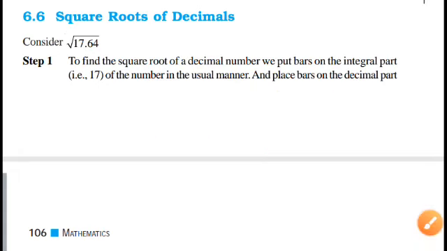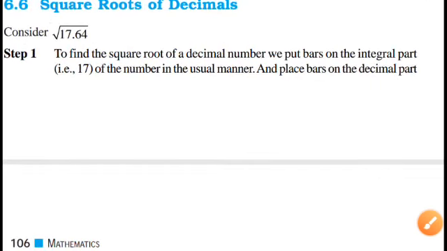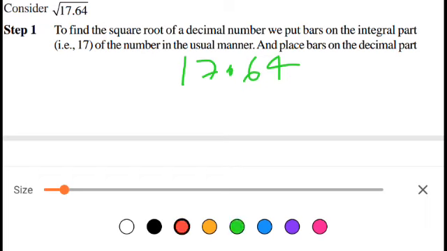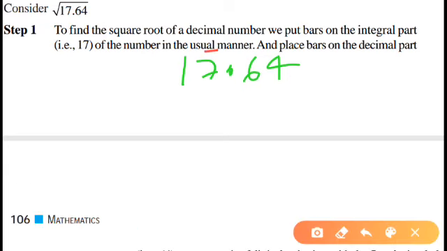Now come back to the question: we have to find the square root of 17.64. So we will pair this number. This is our first pair and this is our second pair.